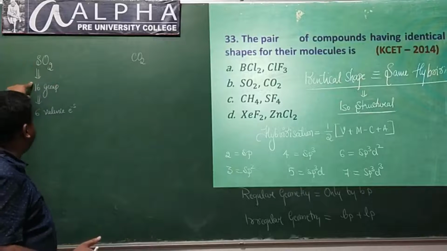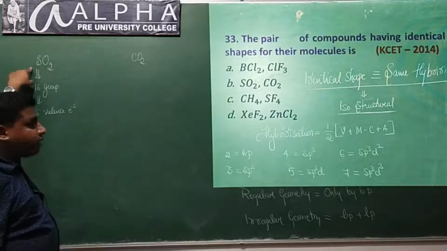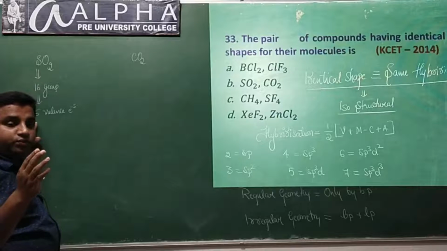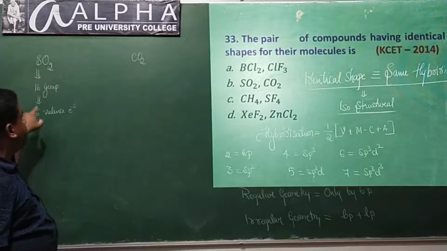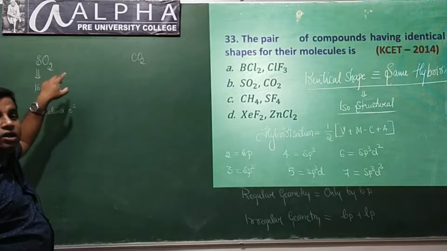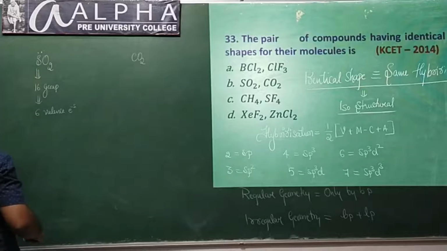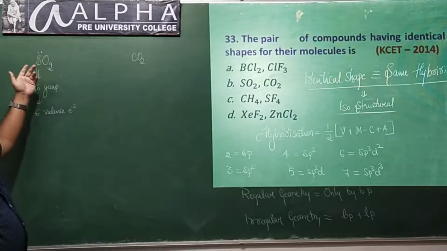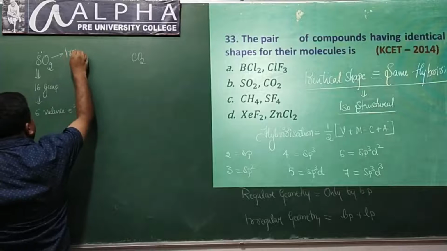And what about the remaining 2? The remaining 2 are lone pair of electrons. So that means it has both bond pair as well as lone pair. So what is the geometry? It is irregular geometry.